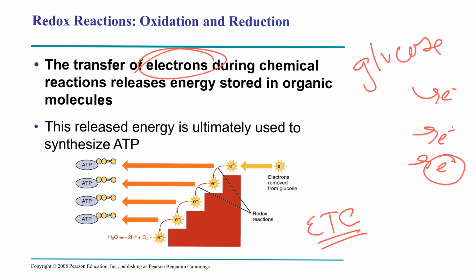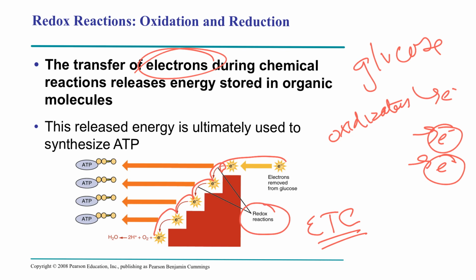These ripped off electrons in the oxidation, right? Loss of electrons. In the oxidation of glucose, those electrons are going to be passed down in a series of small redox reactions. That means somebody's losing electrons, but then somebody's gaining. And every single time I do this, enough energy is siphoned off those electrons to end up making me some ATPs. At the very end of this, I've got to do something with these electrons.